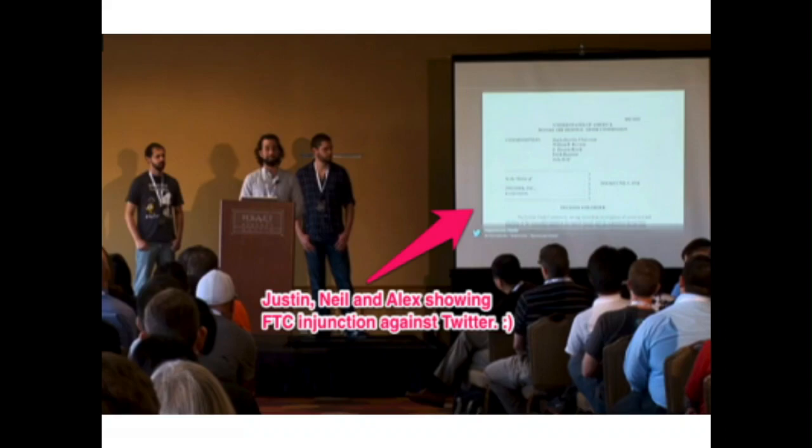Another LocoMocoSec speaker, Jing Kim, used this photo. It's of me and some coworkers talking about Twitter security in 2013. Here, I was talking about how Twitter received an FTC mandate for the compromise of Barack Obama's Twitter account through an externally reachable administrative interface with, you guessed it, a guessable password.